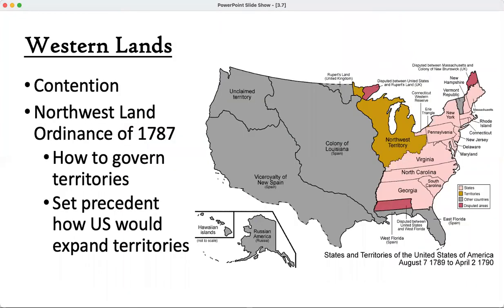Because there's some question, right? There's tension between the new states and, you have to think about, land is not equally distributed through the colonies. Many colonies don't have Western land, and those who do have it want to be able to sell it. So how do you make this fair?